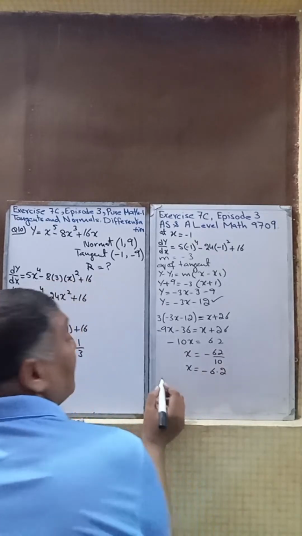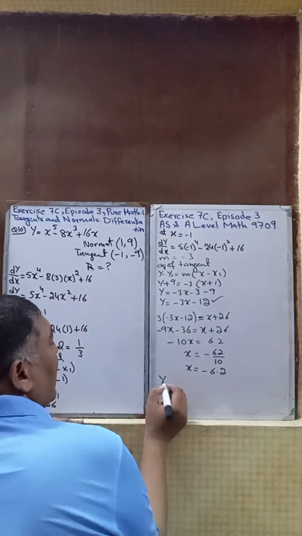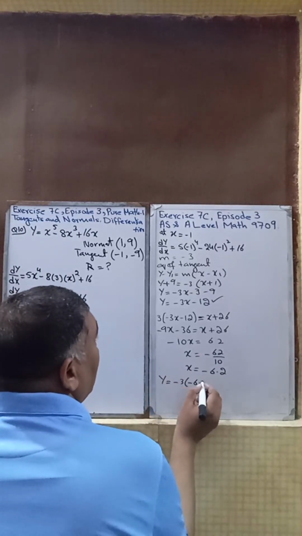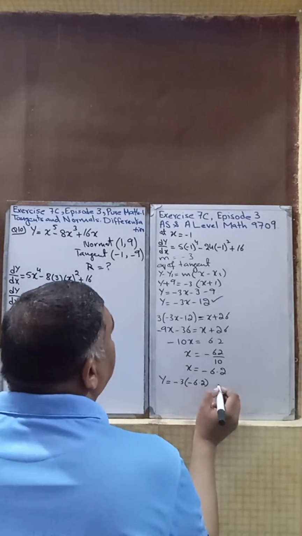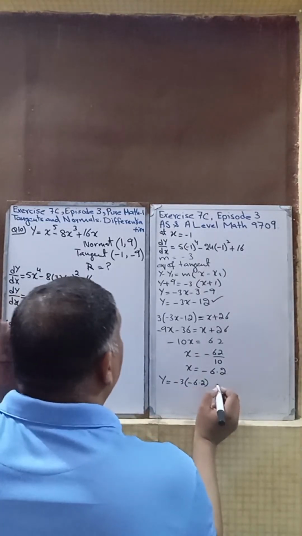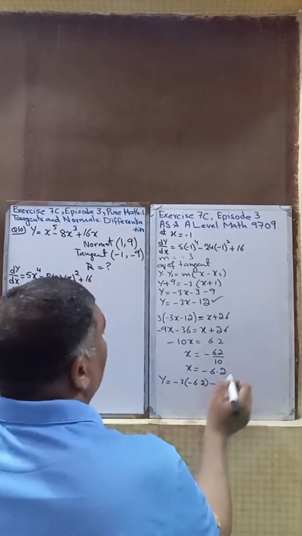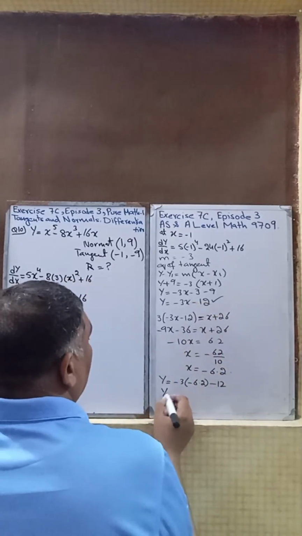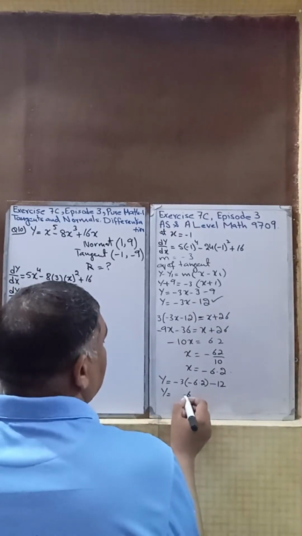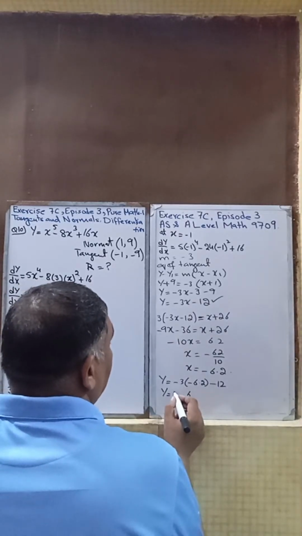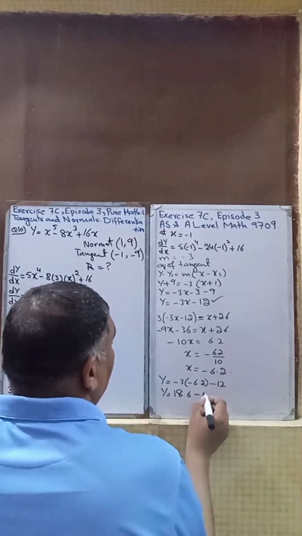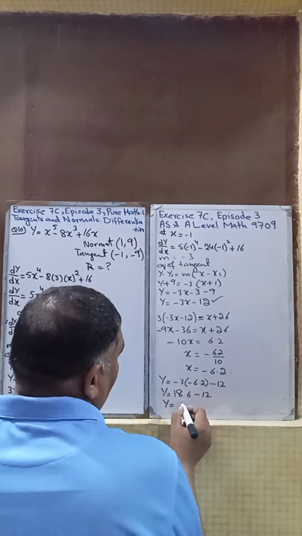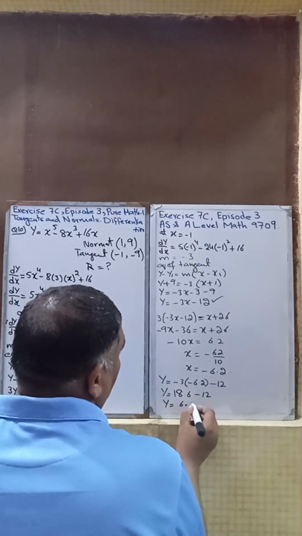Now we will find the value of y. The value of y will be minus 3 into minus 6.2, minus 12. I put this value here, but you can put it in the other equation also. So minus minus becomes plus, 3 sixes are 18, minus 12, so it will be 6.6.